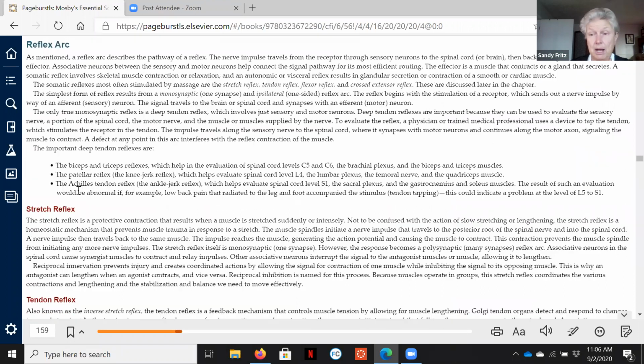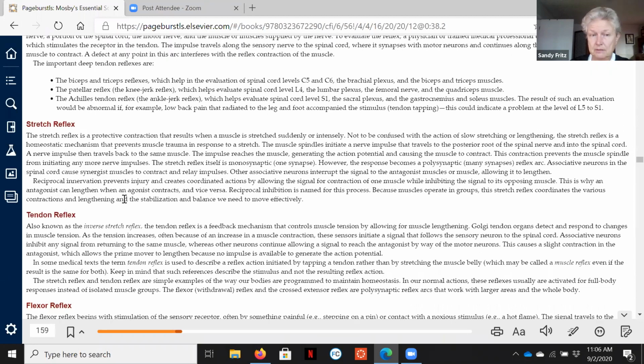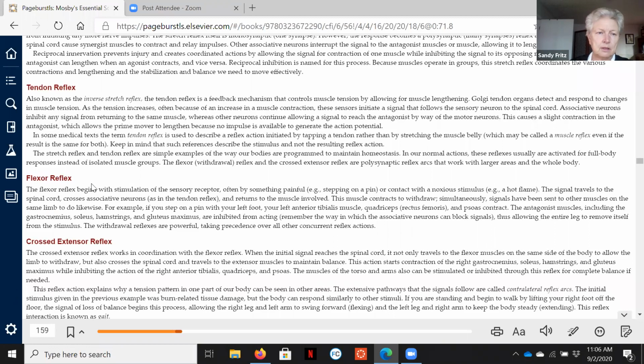And this is also why anything that goes through the body, sensory data and response, motor, is a whole body response as opposed to isolated, especially when we get into these flexor reflexes and crossed extensor reflexes. So if I burn my hand and I pull away, because that affects how I am oriented in space, the whole body is involved in that, not just the tip of my finger.